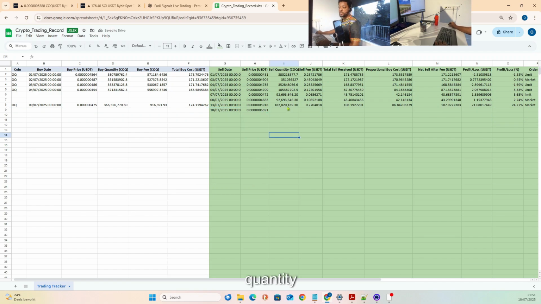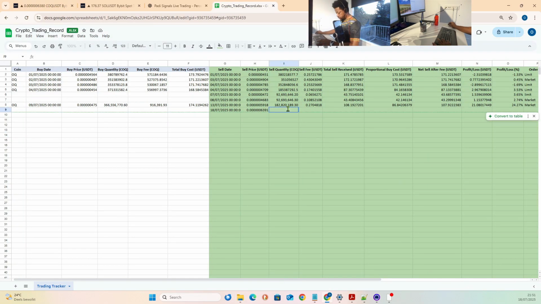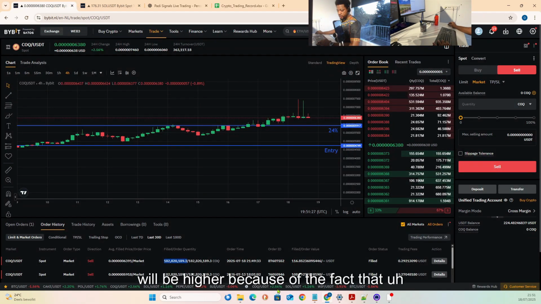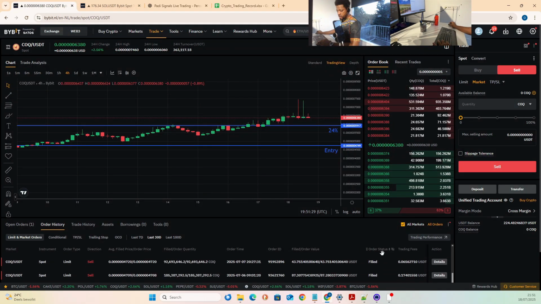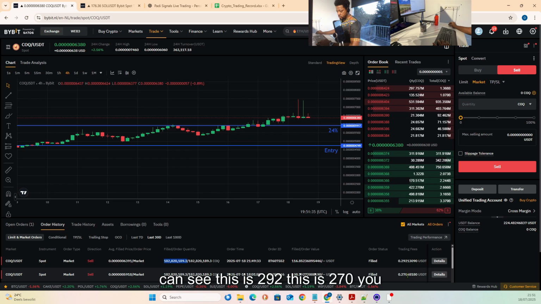And what was the quantity? Which is the same quantity. Yes. And what was the fee? I guess the fee will be higher because you can see this is 292, this is 270.